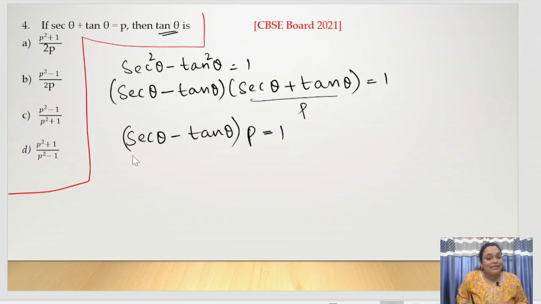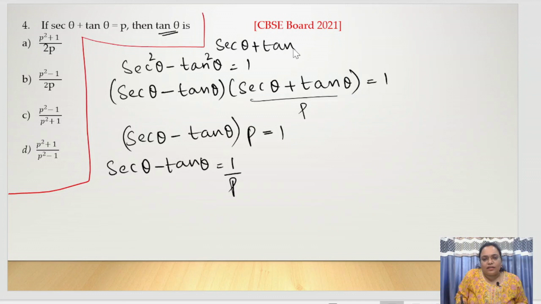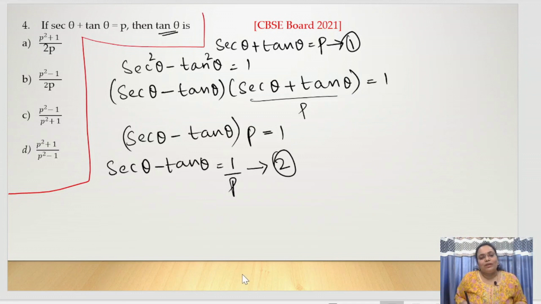If I want only secant theta minus tan theta, that will be 1 by P. Secant theta plus tan theta is equal to P will be your equation 1, and secant theta minus tan theta is equal to 1 by P will be your equation number 2.